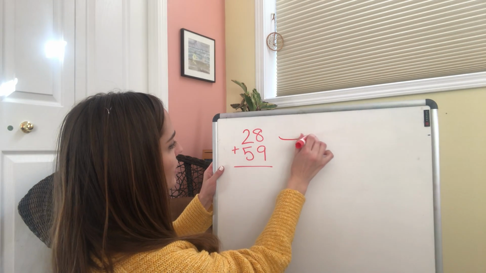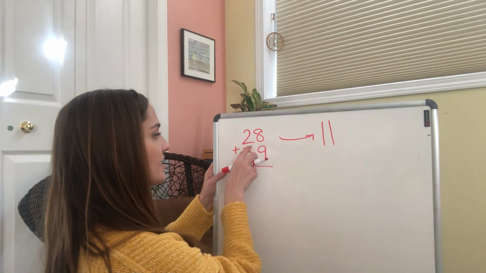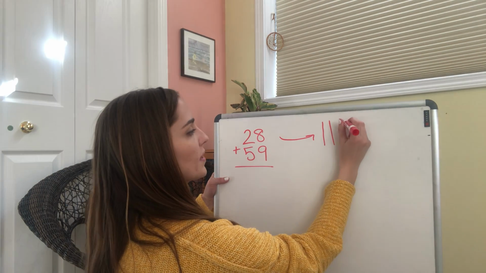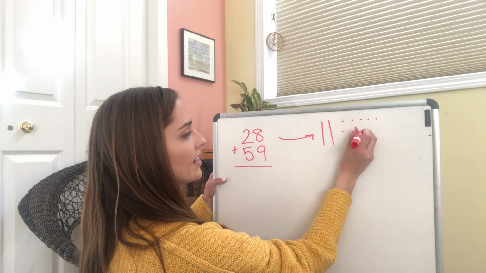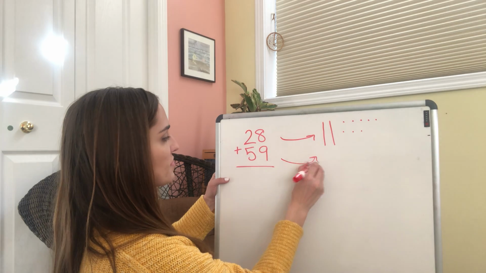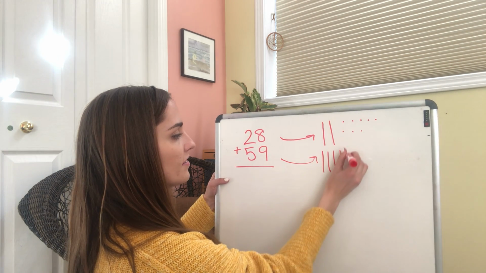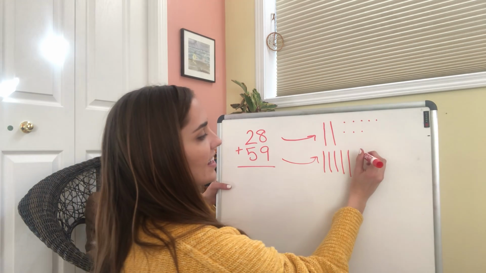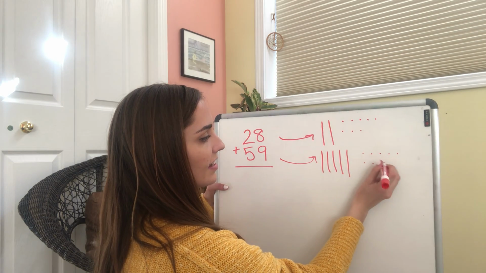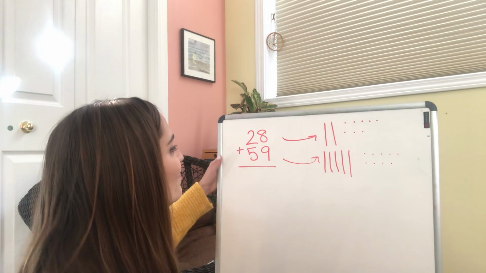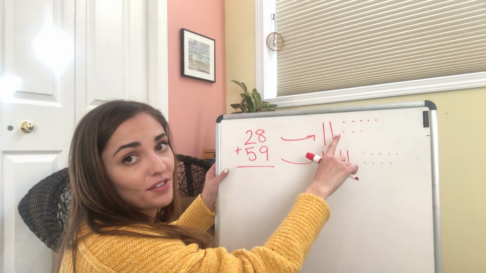I'm going to come over here and draw out each number. So 28 is 1, 2 tens and 8 ones: 1, 2, 3, 4, 5, 6, 7, 8. I'll do the same with 59. You'll have 1, 2, 3, 4, 5 tens, and 1, 2, 3, 4, 5, 6, 7, 8, 9 ones. Then we're going to count up, starting with our tens and then going on to our ones.